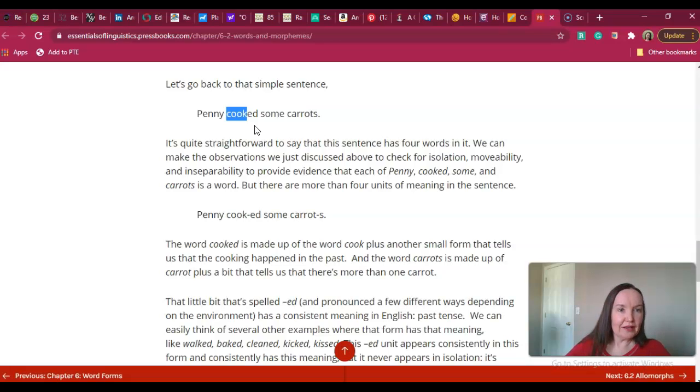Why do they do that? That's called overgeneralization when a child is first learning a language.